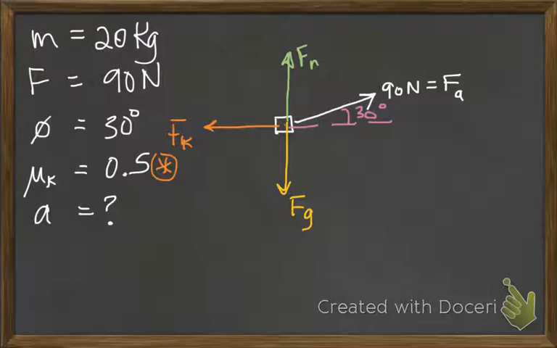Now, let's say you get this far and you feel comfortable with the point that you're at right now, and you've got to solve for acceleration of the box. What has to happen at this point? What do we have to do with all these forces? Find a net force, okay? That means you need all the components in your X direction, and you need all the components in the Y direction.